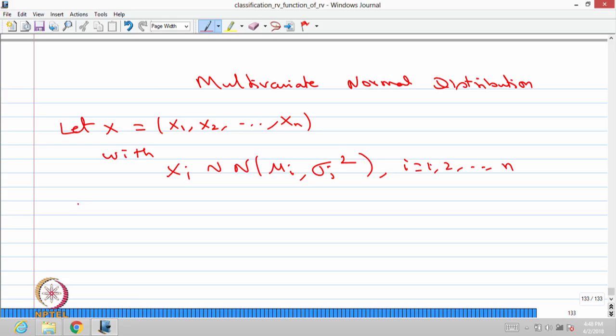Then we can define the joint probability density function.